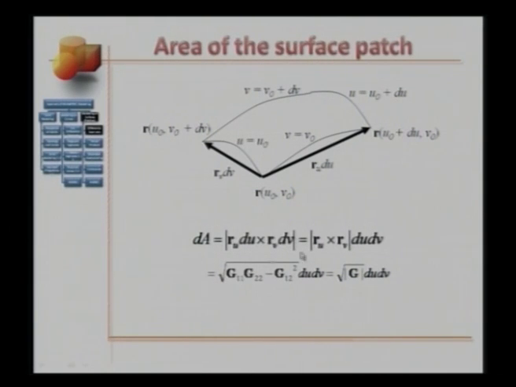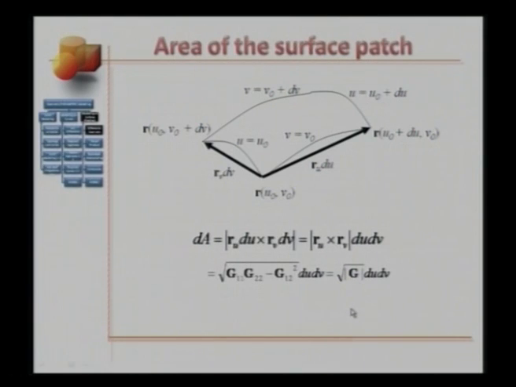So I can write dA as square root of g11 times g22 minus g12 squared, and outside the square root sign, we have du times dv. As I said, this expression here is the determinant of the first fundamental matrix, right here.